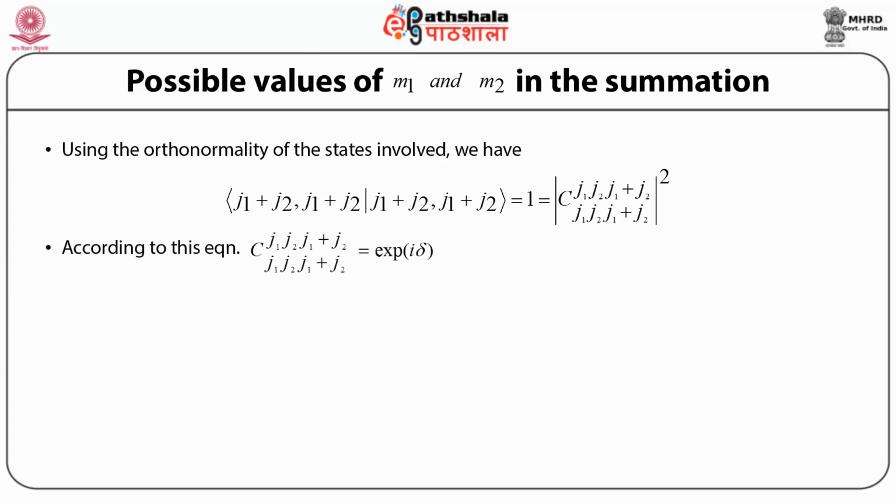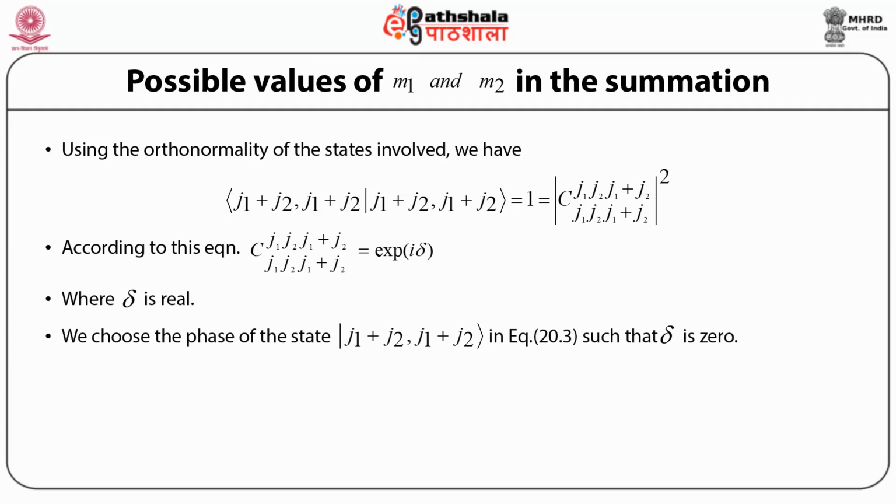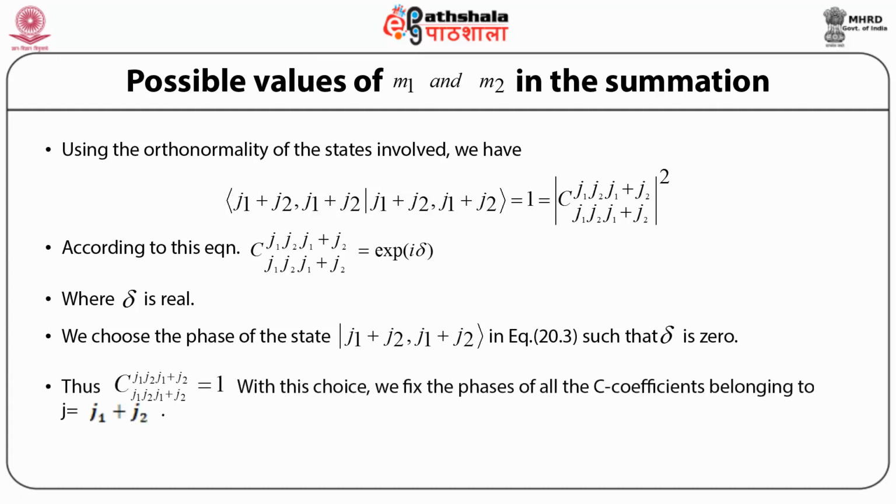According to this equation, the C coefficient is equal to exponential of iota times delta, where delta is real. We choose the phase of the state J1 plus J2 in equation 3 such that delta is 0. Thus, we have the value of C coefficient equals 1. With this choice, we fix the phases of all the C coefficients belonging to J equals J1 plus J2.